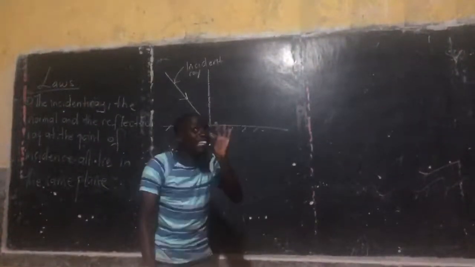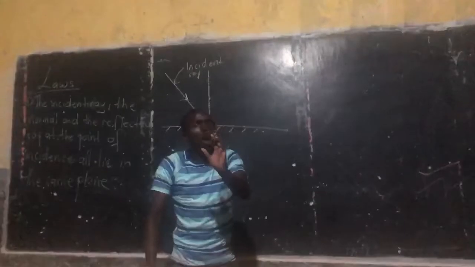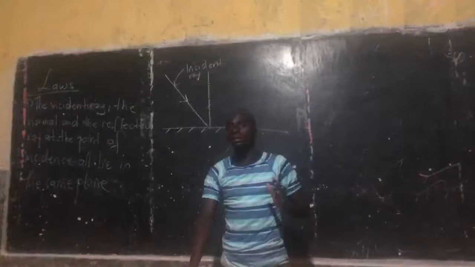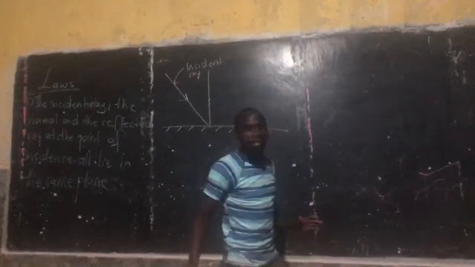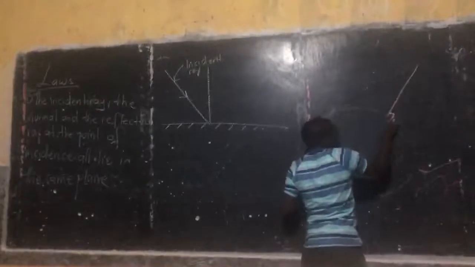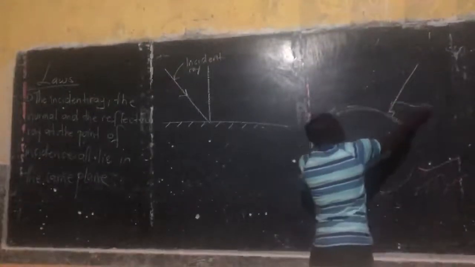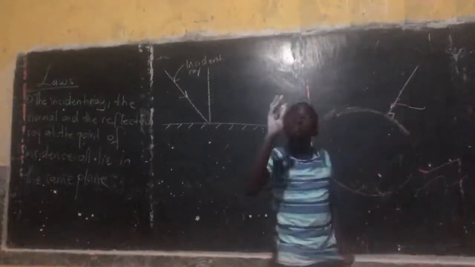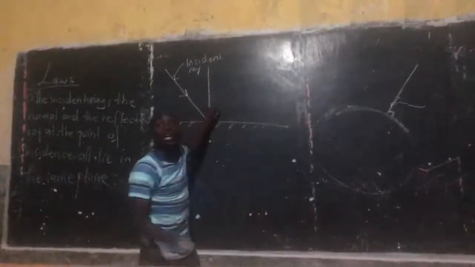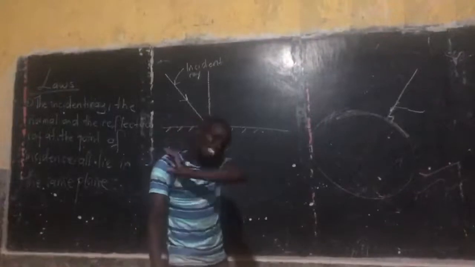This is just called the normal. A normal is any line which makes 90 degrees with a plane or surface. For example, if you have a circle and a line which makes 90 degrees with it, that line is a normal. In mathematics, it's just a mere line.